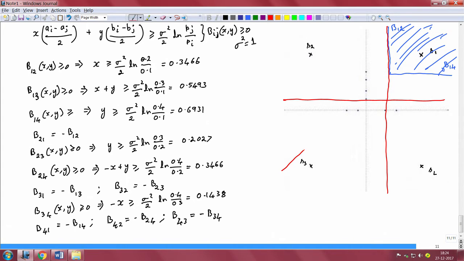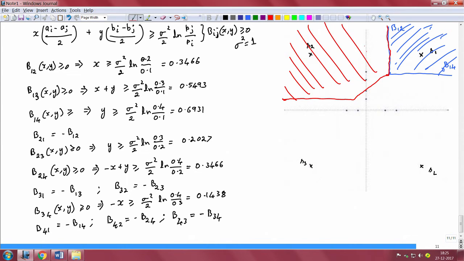It is going to look something like this, and the intersection of all these regions is going to be this. Some of the other boundaries are not necessary, so I will just erase these extra portions of the boundaries. This red portion gives the decision region for S2.